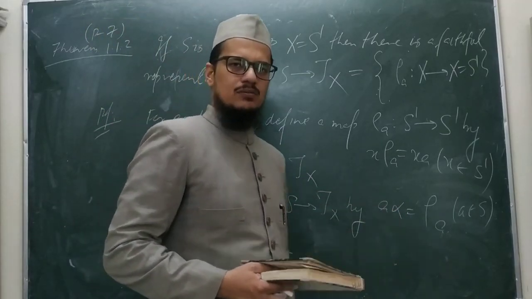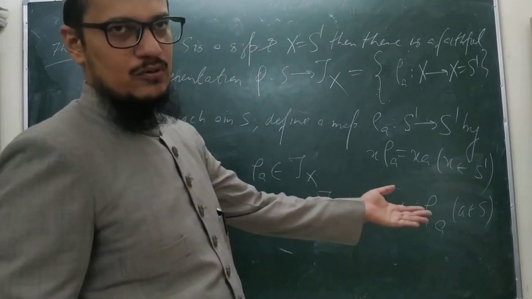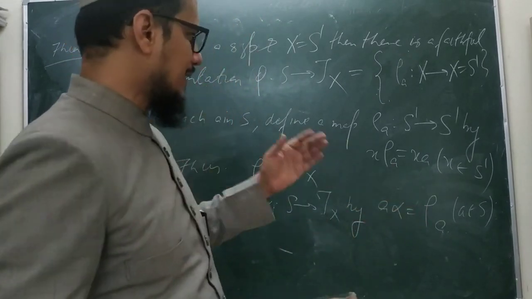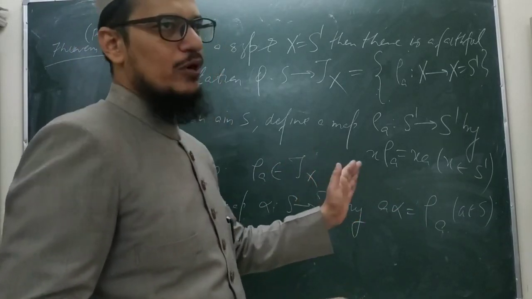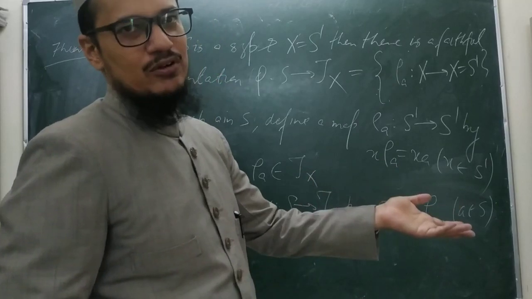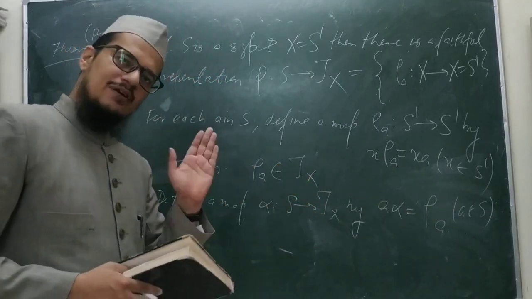We can check also, no problem. By taking A equal to B, we can prove that ρ_A is equal to ρ_B. Because when A is equal to B, xA is equal to xB, it means that xρ_A is equal to xρ_B, which means that ρ_A is equal to ρ_B. Now, we have to prove that it is a morphism, and that it is 1-1.